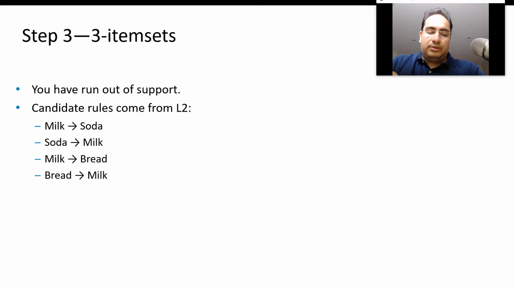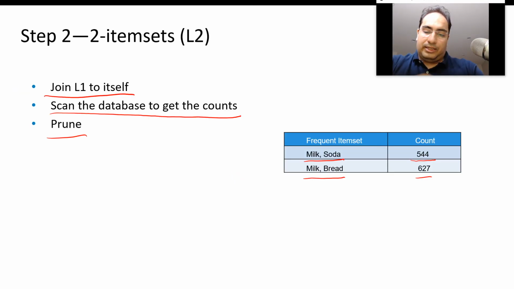So we continue this and we try to create the L3 data set, but we run out of support. For example, let's go and see what we have. We've got milk and soda, and milk and bread. We try to find out if we have an item set that contains milk, bread, and soda.